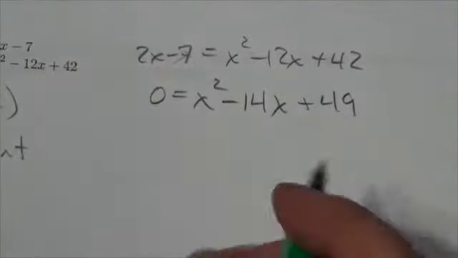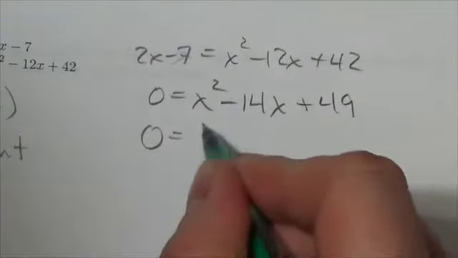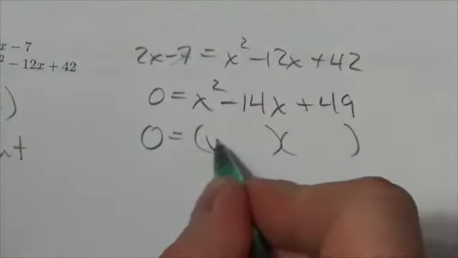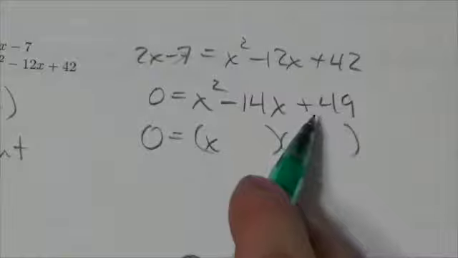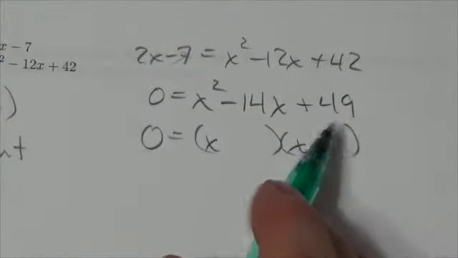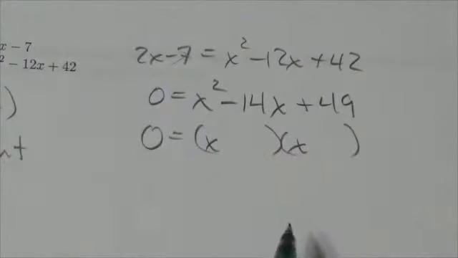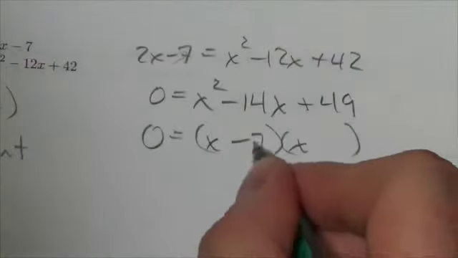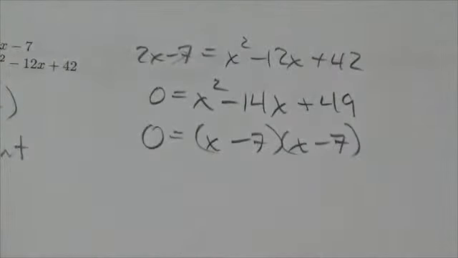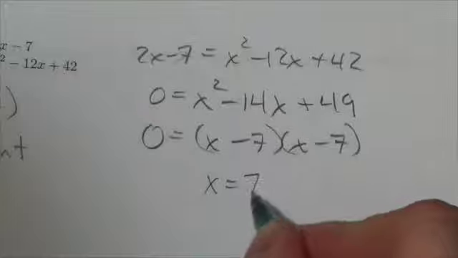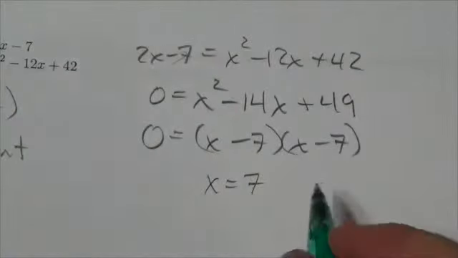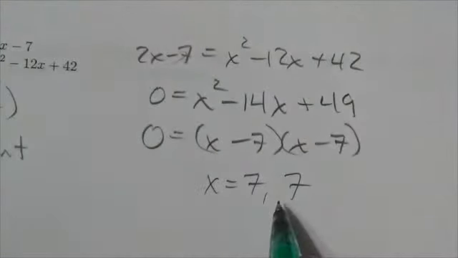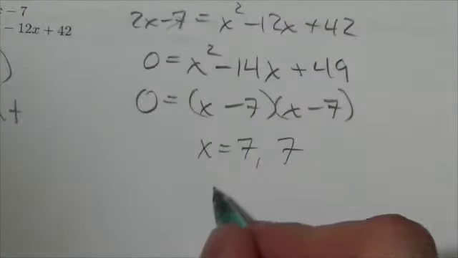To factor this, what are my factors of 49 that, when I add them together, get me negative 14? The answer is negative 7 and negative 7. So x is equal to positive 7 twice. It shows up twice, but that only amounts to 1 point.